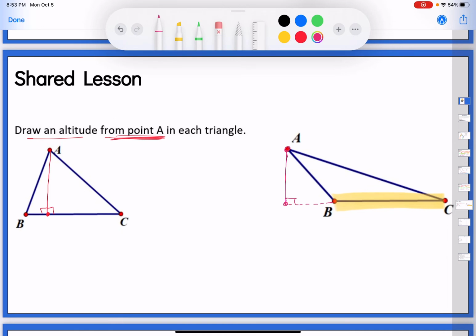That's the only way to make a right angle with that segment BC. Now you might argue, but it's not even hitting segment BC. But remember that any segment can become a line, and the only way to make a segment that's going to go straight down from A and land on that line BC is for that to be outside of the triangle, and this is okay.